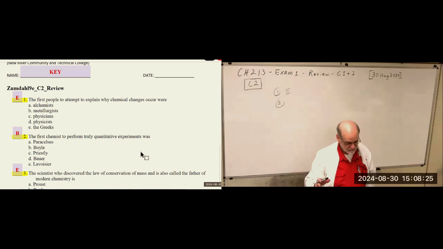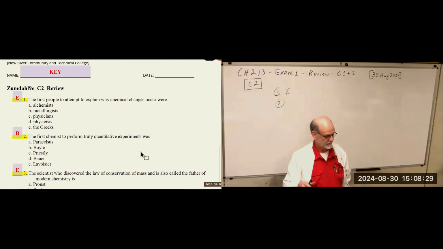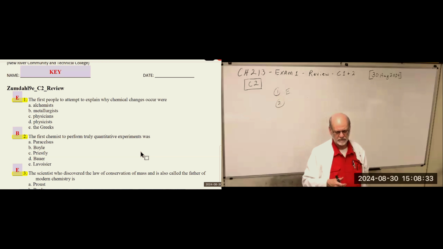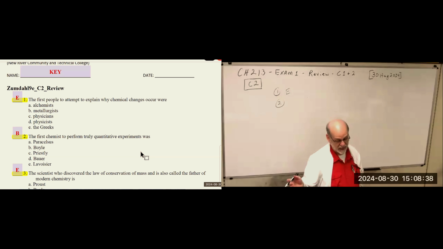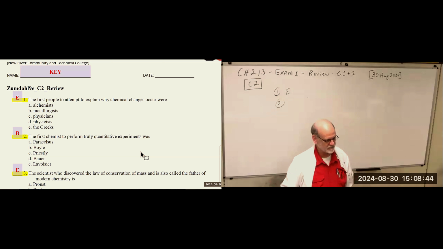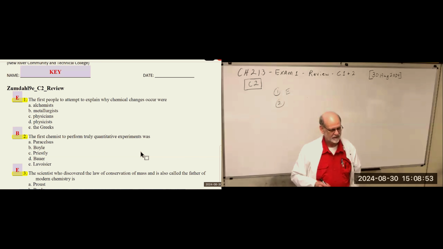Now, later on, some alchemists did turn into chemists and bona fide modern scientists, like John Dalton and Isaac Newton. They were both alchemists, but they graduated out of that into real science. 2, the first chemist to perform truly quantitative experiments was Robert Boyle.